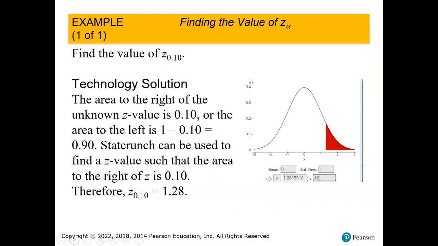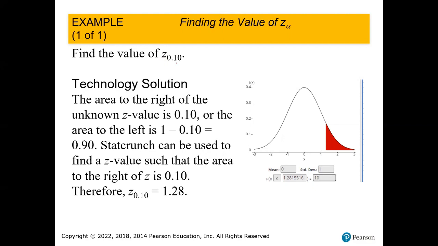All right, but what they could ask is they could say, hey, find the Z value of Z sub 0.10. So what that means is it's saying the area to the right of an unknown Z value is 0.10. Or we could say the area to the left is 0.90, the remainder. So it's up to you how you want to look at it. It really doesn't matter if you want to do it in terms of left or right.